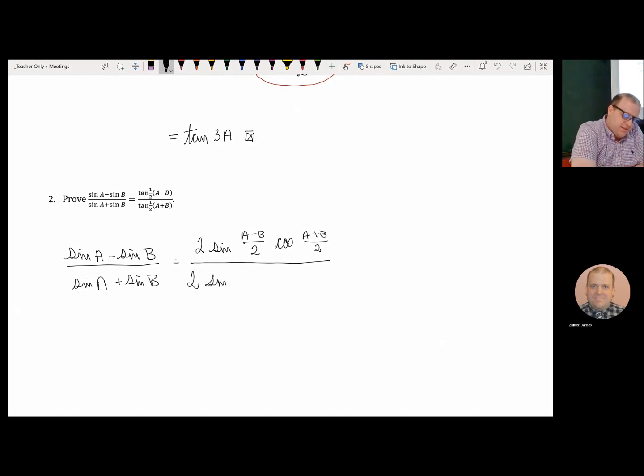The sum: two times sine of a plus b over 2 times cosine of a minus b over 2. Two over 2 is 1. That's sine over cosine. I'm just going to write it this way.